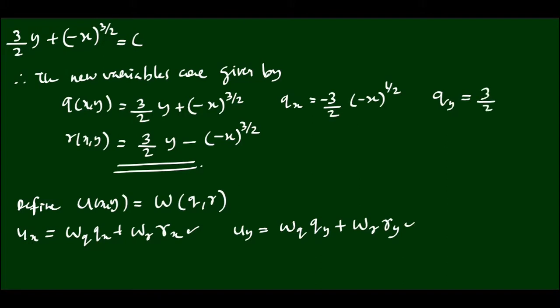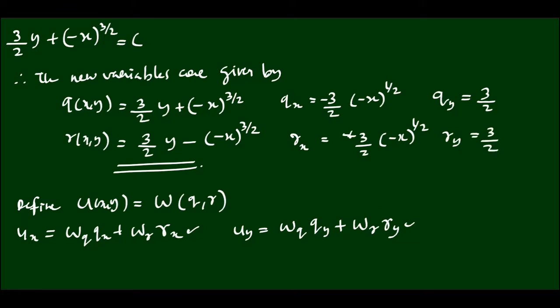Similarly, we can find rx. Rx will be equal to minus 3 by 2 into minus x raised to 1 by 2 into derivative of minus x, which is minus 1. So this minus will become plus. Okay, and ry will be equal to 3 by 2.